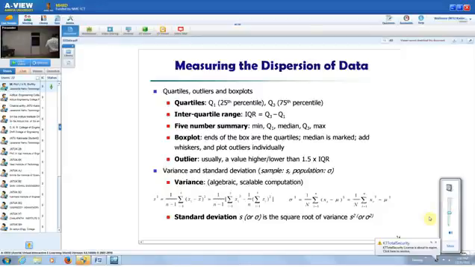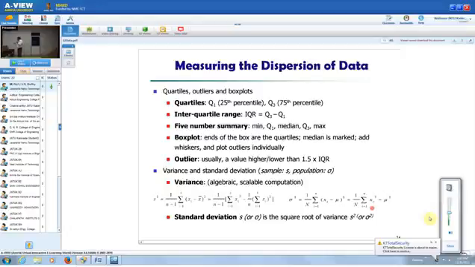This is expanded like this: 1 by n into sigma xi square minus mu square. So that is the final outcome of it. That is called the variance.